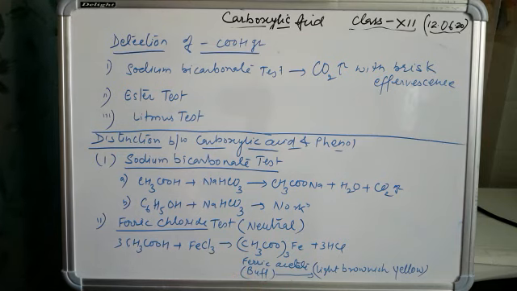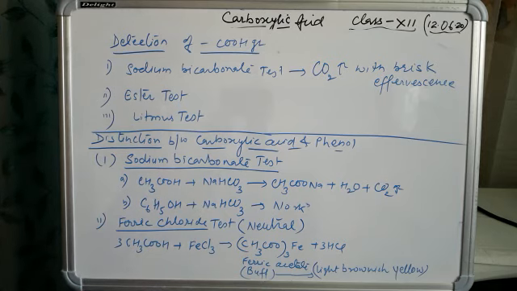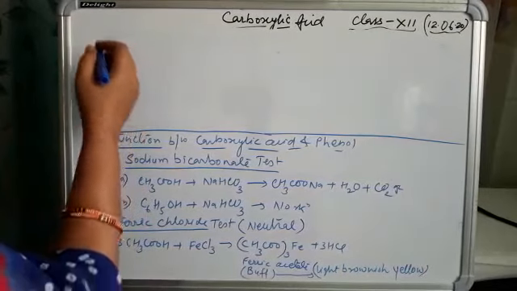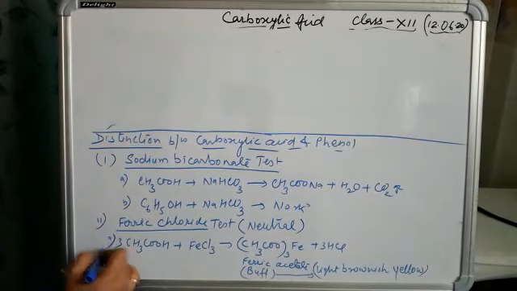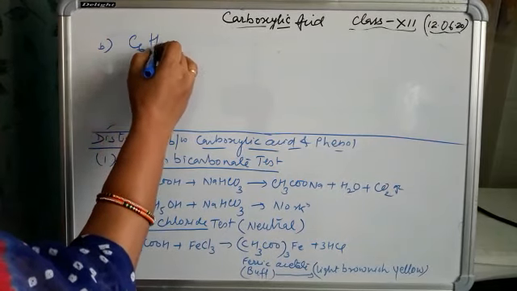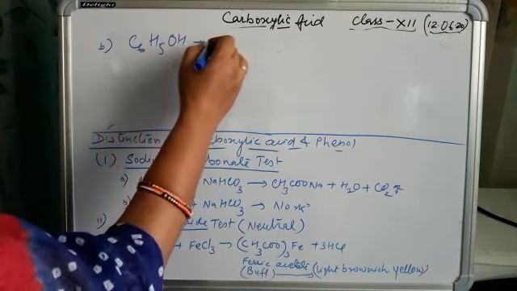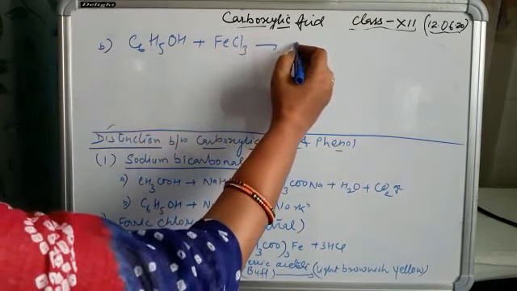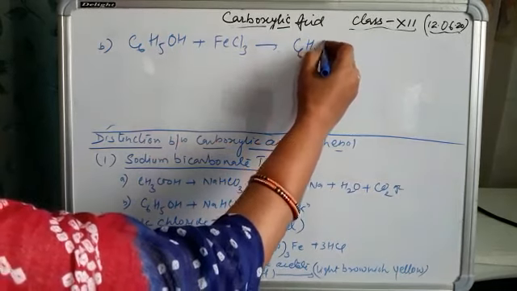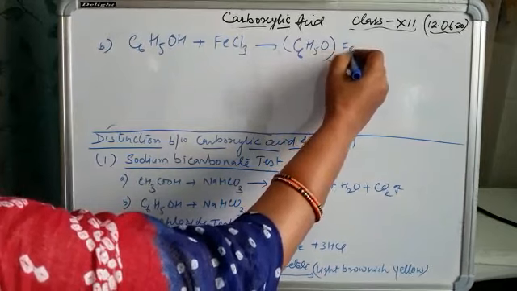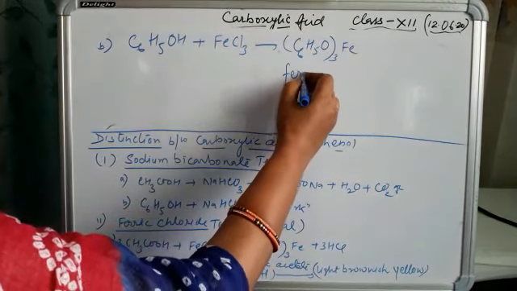But when phenol is treated with ferric chloride, C6H5OH plus FeCl3, it gives a compound known as ferric phenate.